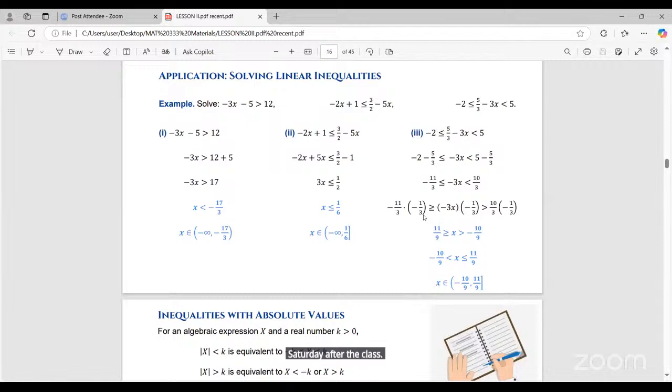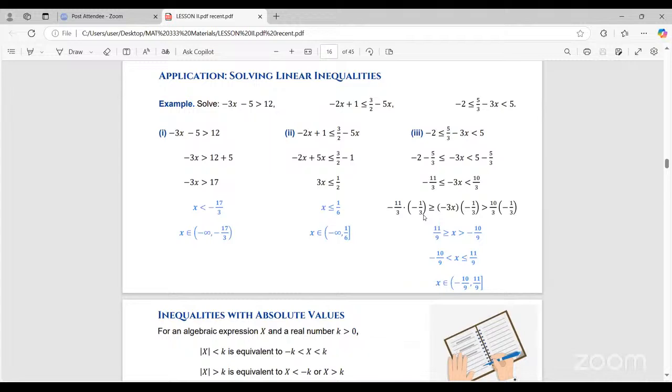This third example says x is less than or equal to 11/9.